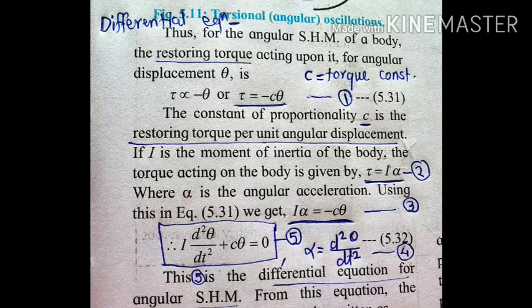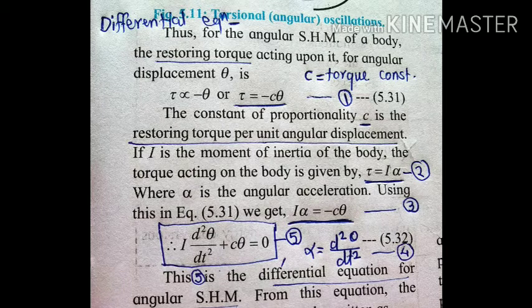Then, if I is the moment of inertia of a body and alpha is angular acceleration, then the restoring torque acting on the body is given by tau is equal to I alpha, equation number 2. Then, equating equations 1 and 2, we get I alpha is equal to minus C theta.